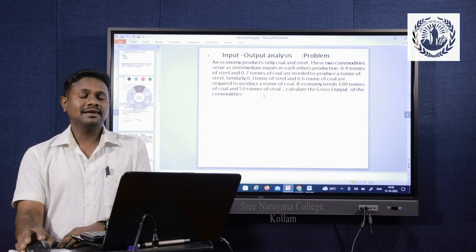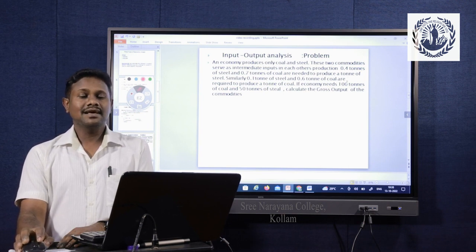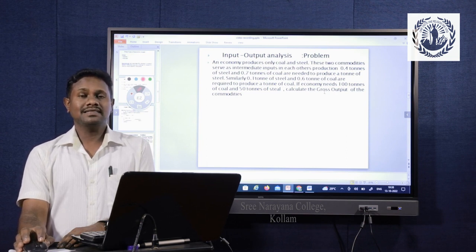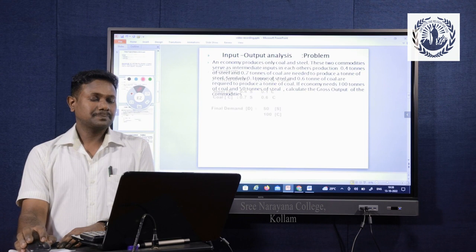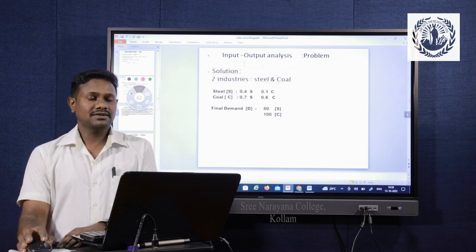In input-output analysis, assuming a two-sector model, you first consider the coal industry and steel industry, or industry 1 and industry 2, but for the final demand you should consider the demand by the consumers, government and investors, and this is denoted as final demand. This is a summary of the question.